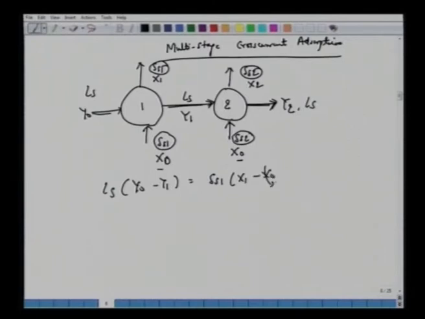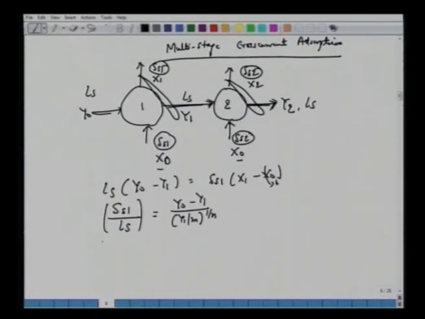Let's say X0 is 0 for simplicity, so fresh adsorbent. This equation you can write as Ss1 over Ls, how much solid is required in stage 1 over the amount of solvent treated, equal to Y0 minus Y1 over X1, but X1 you can write as Y1 over m to the power 1 over n. So Y1 and X1 are in equilibrium, Y2 and X2 are in equilibrium.